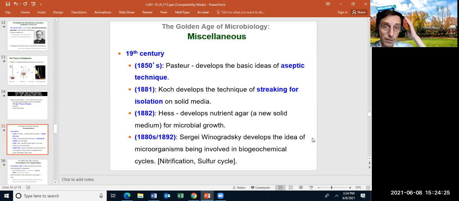Some events that were important in the early age of microbiology, which were part of the golden age.